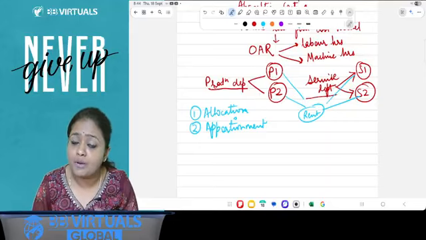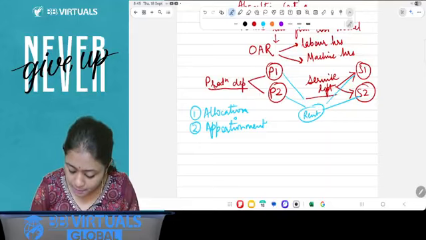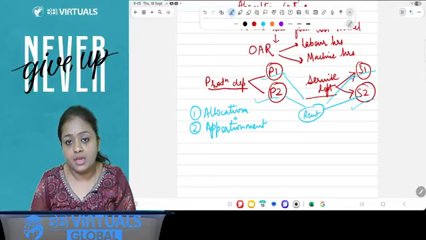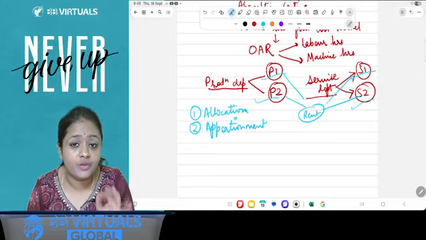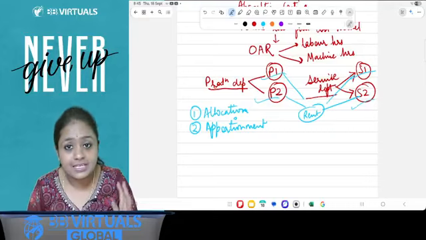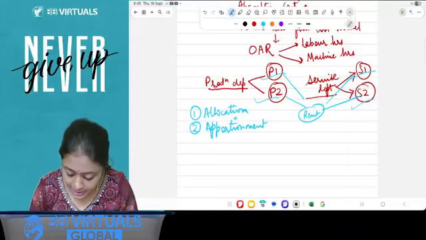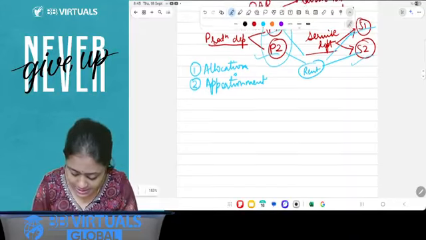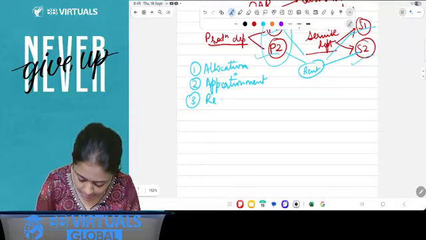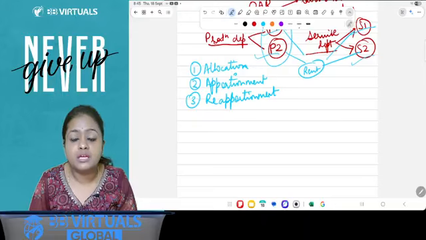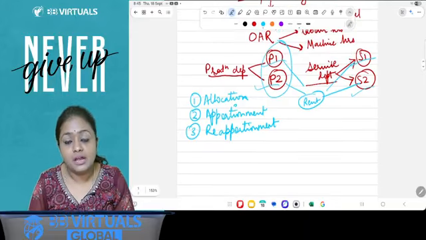Now let's say we have apportioned the overhead cost to P1, to P2, to S1, to S2. But ultimately, which department's cost will go to the product cost? Correct? Ultimately, your production departments' cost only will go to the product cost. So third step is reapportionment.